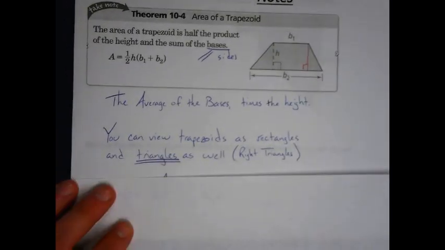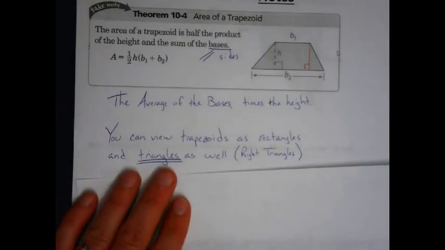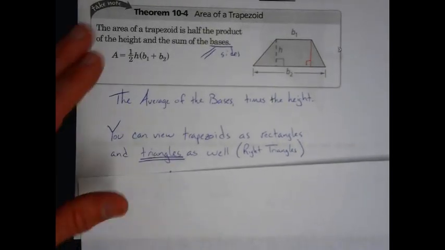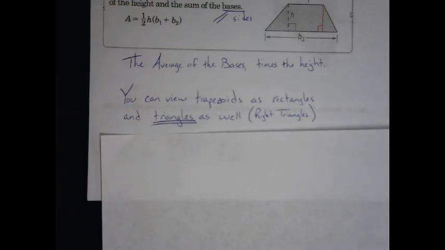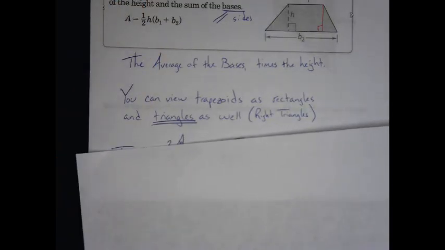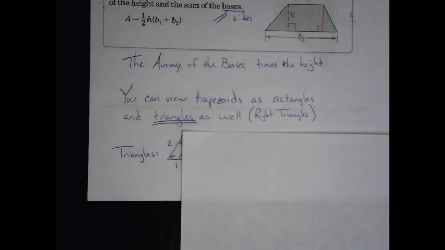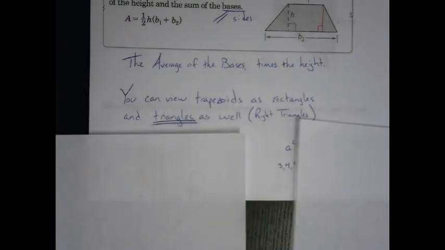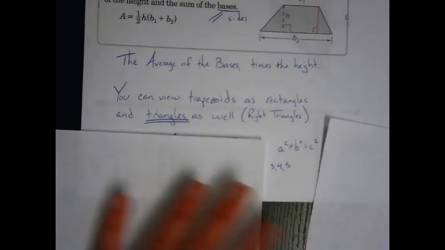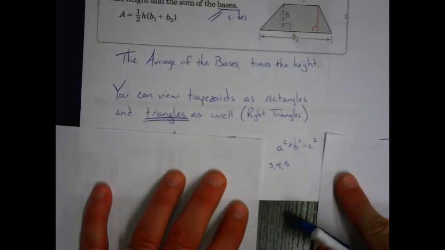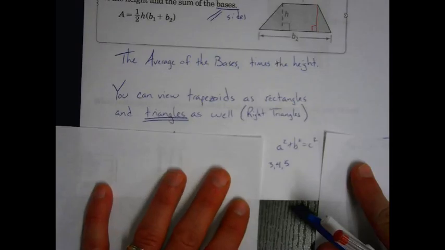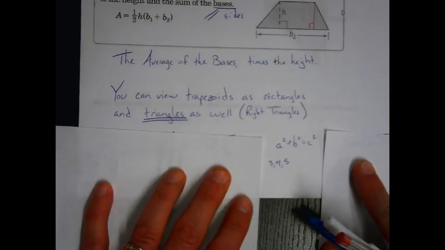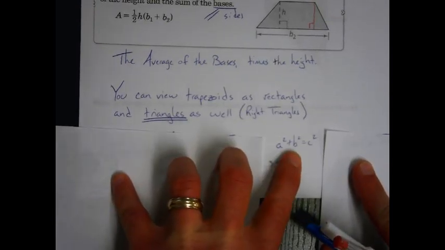Well, whoop-de-doo indeed, because when we start talking about right triangles, we have to remember a few important things. The first is Pythagoras and the Pythagorean theorem: the sum of the squares of the legs is equal to the square of the hypotenuse.